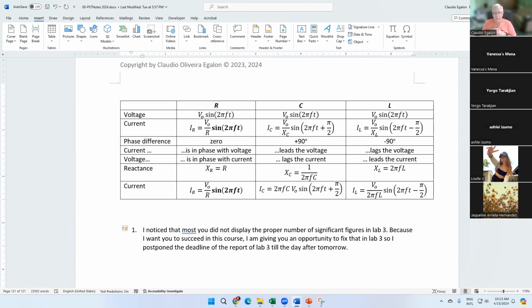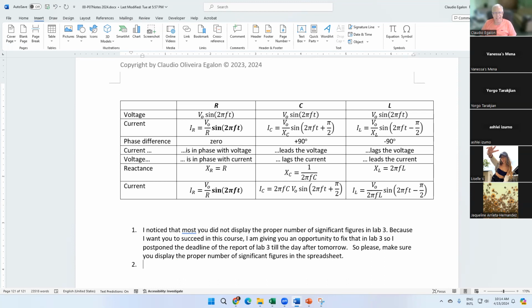So please make sure you display the proper number of significant figures in the spreadsheet.